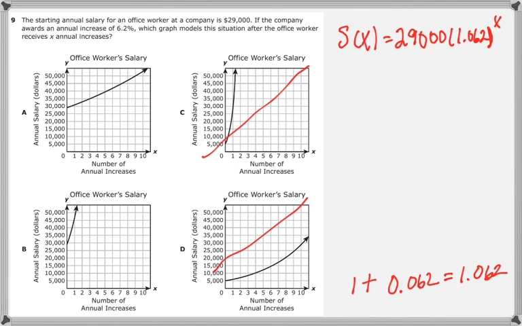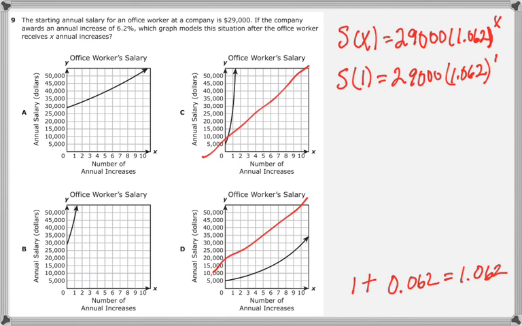So let's go ahead and evaluate our exponential function after 1 annual increase. We're going to take our function and solve S at 1. We replace x with 1, and we have 29,000 times 1.062 raised to the 1 power.